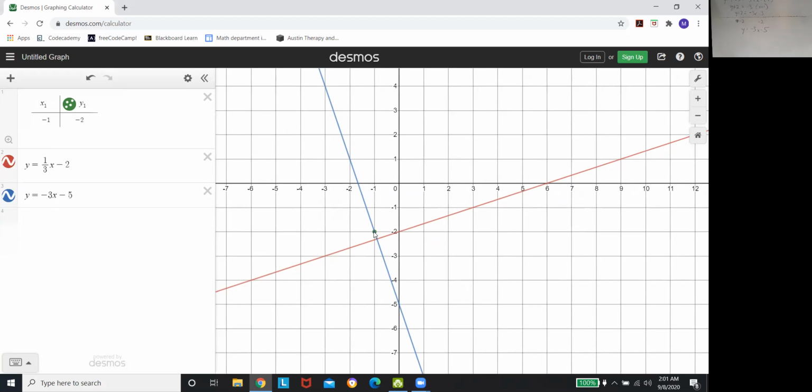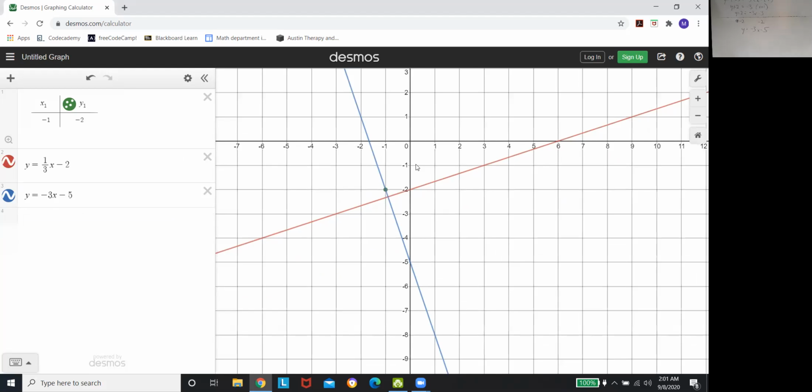The other thing, the red one was the one that they gave us. So these two, they're asking, do they look perpendicular? So these two lines, they look pretty roughly perpendicular to me. Probably exactly perpendicular since it is a computer. If I drew them, they would be roughly perpendicular. So those look perpendicular. The blue line, which is the one that we found, is perpendicular and it goes through the point.